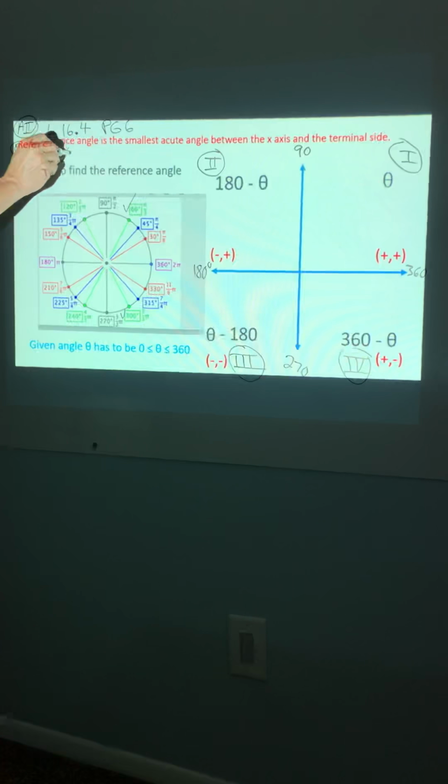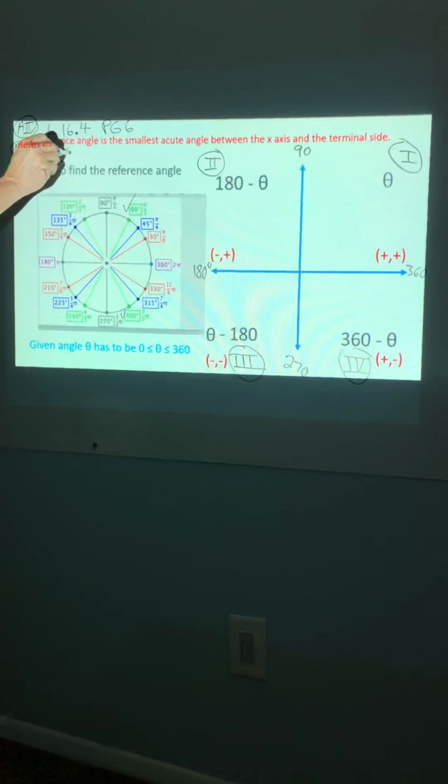So all you have to do is that coterminal business, where you can add or subtract 360. In this case, I'm going to subtract 360, and look, that is 90 degrees. Everybody with me? 90 degrees will be your reference angle.